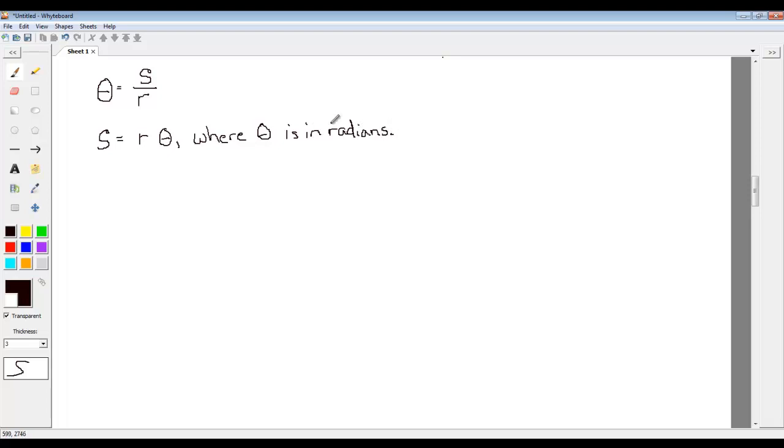Now we have a very handy formula for finding the arc length of an angle on a circle.